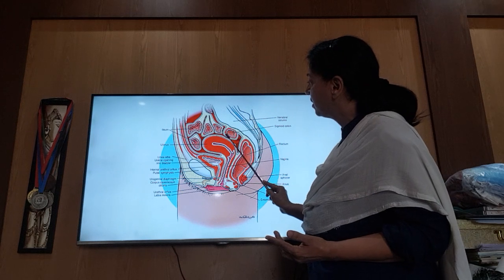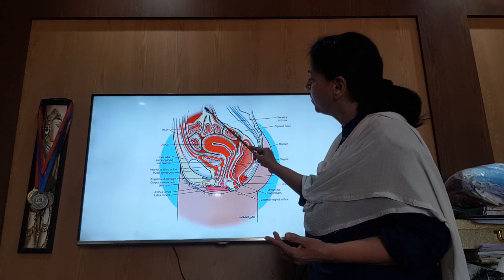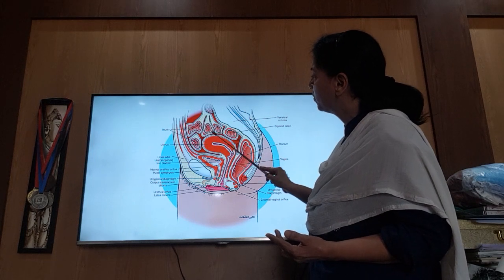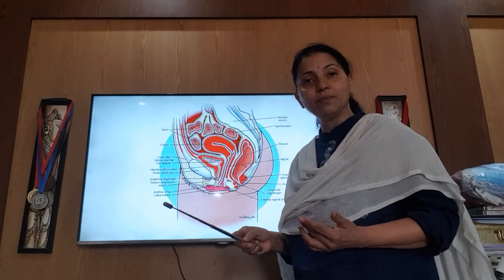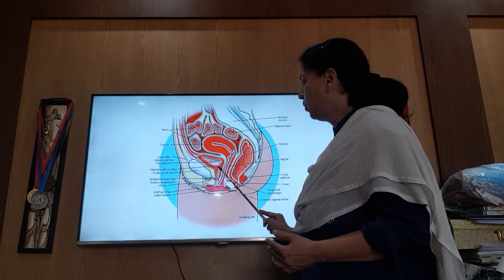Then it is covering the loops of intestine like this. See, this is mesentery, which is containing so many loops of ileum, jejunum that we have already seen in GIT. So you know the position, the place where it is situated, okay?